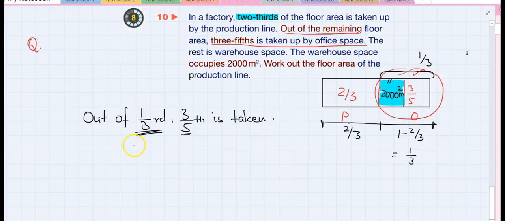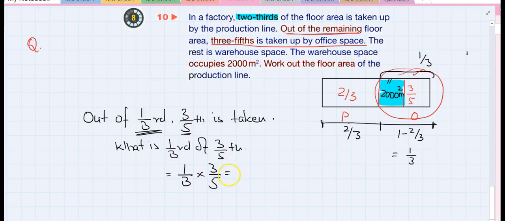So now the question is, what is one-third of 3/5? So that is 1/3 of 3/5. So this cancels. That is 1/5.